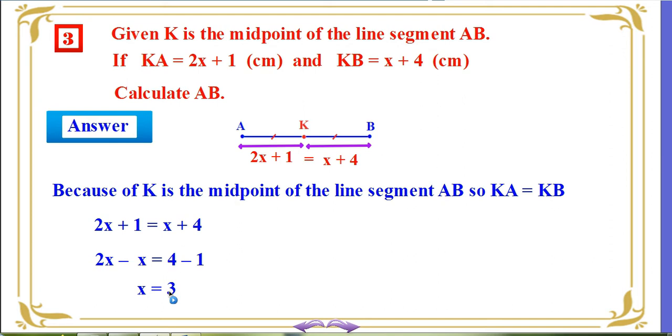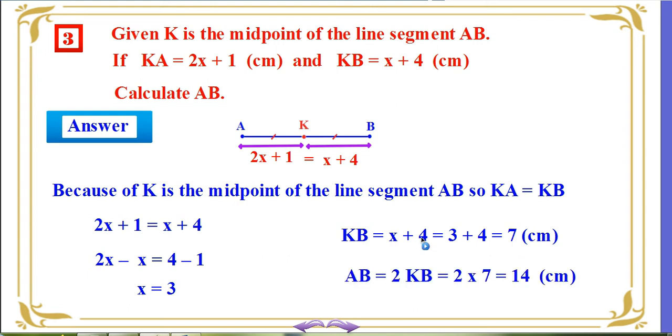Now we can calculate KA or KB with the same result. We chose to calculate KB. Substitute x equals 3 into KB. Then we have KB is 3 plus 4 equals 7 centimeter.